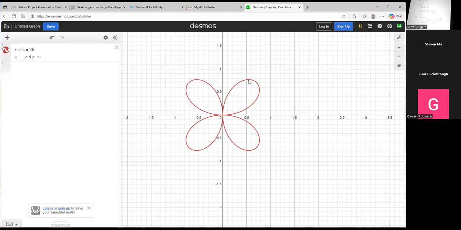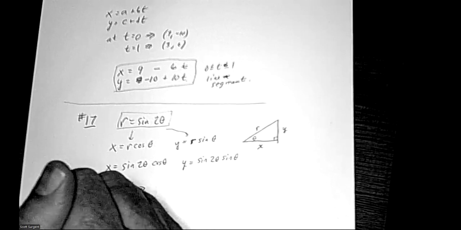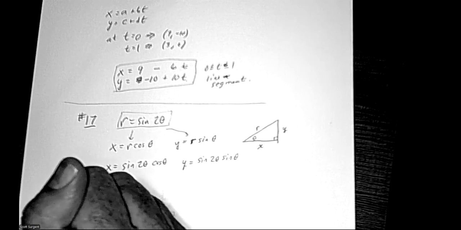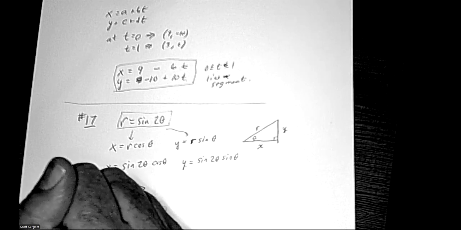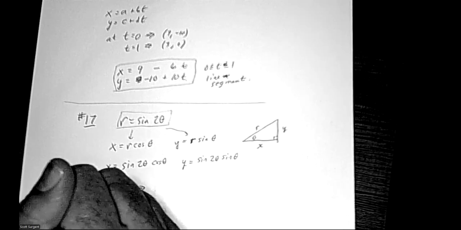I'm writing some stuff down as I look at this. I want dy/dx equal to zero because according to the graph, it has this flower shape, and I want that to happen.